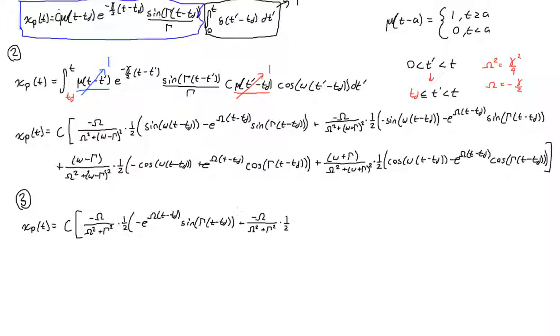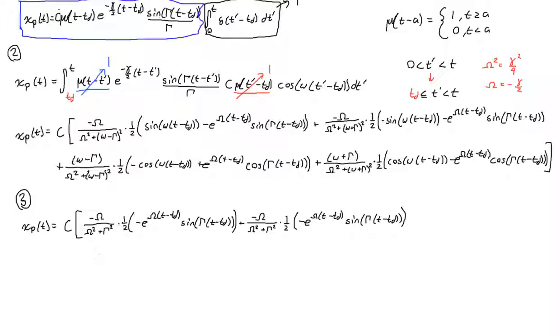We'll still have a 0. Oh, and I meant to put a thing right here. We'll still have a 0 there. So this will still be minus e, and then t minus t sub d, and then sine gamma t minus t sub d, right? And then, boom, right there.